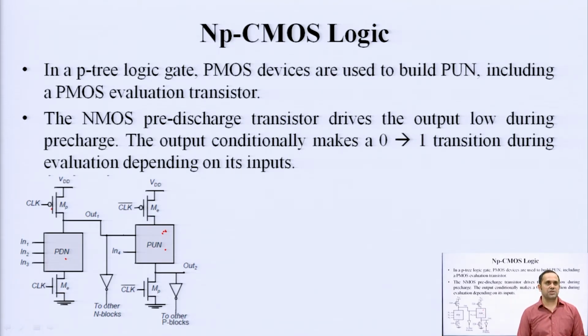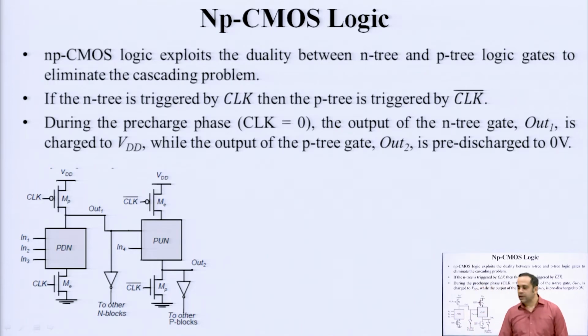The NMOS pre-discharge transistor drives the output low during pre-charge, and the output conditionally makes a 0 to 1 transition during evaluation depending on what logic you are implementing. Okay. It exploits the duality or complementary nature of n and p type devices, thus it is helping you eliminate the cascading problem.